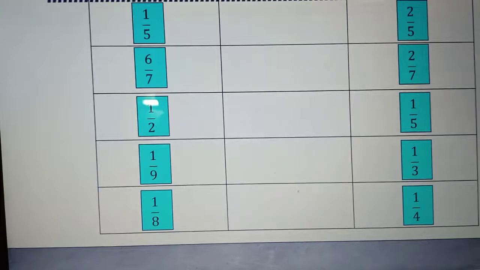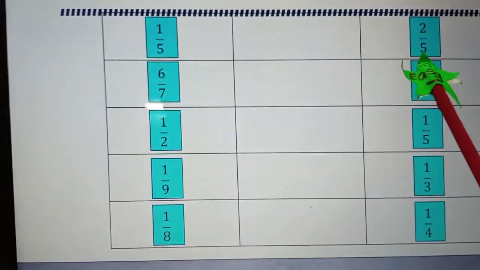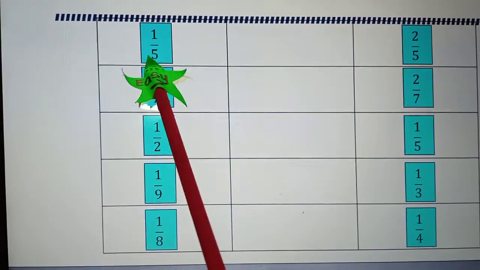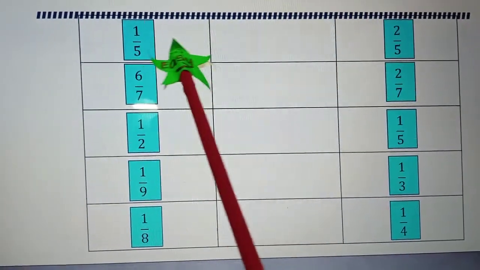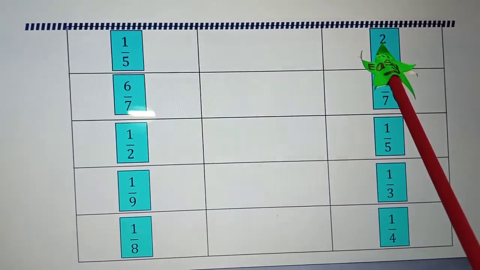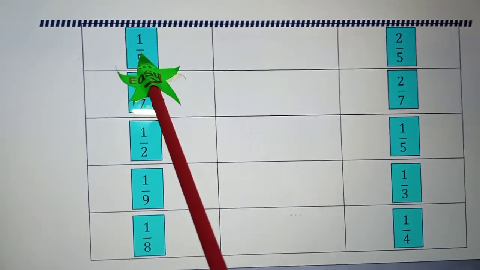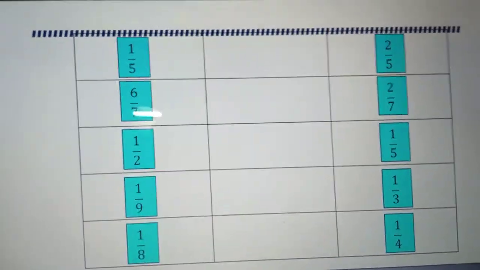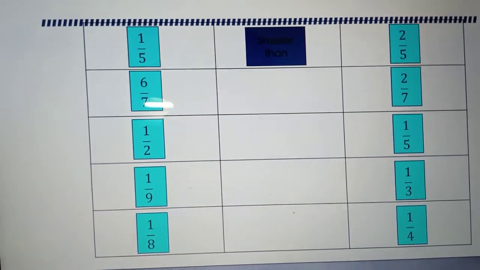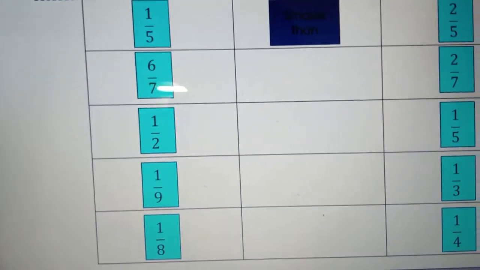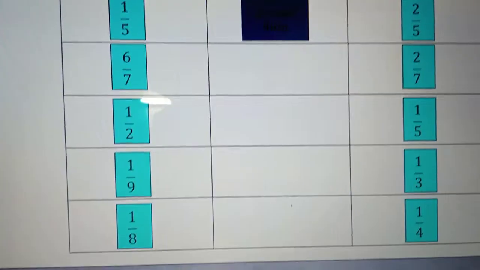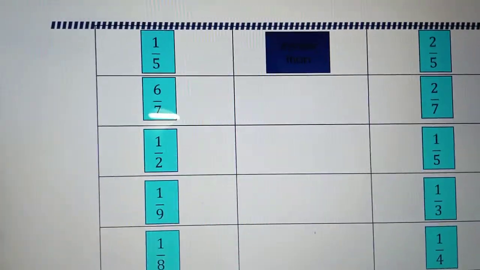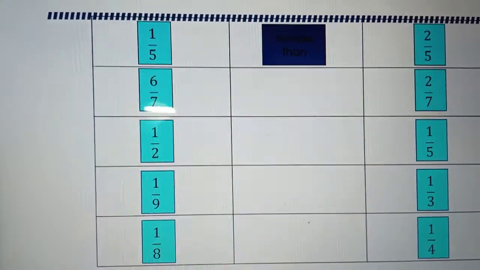Okay, do some examples. 1/5, 2/5. Same denominator. We will see the top one, the numerator. This one big, this one small. So 1/5 is smaller than 2/5.